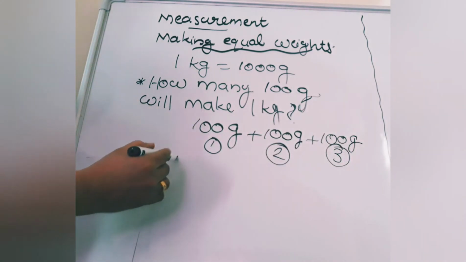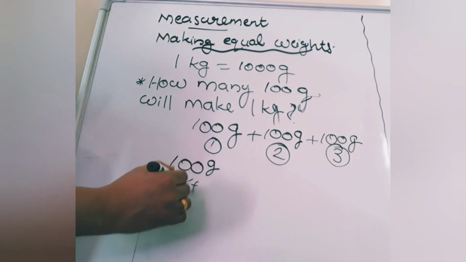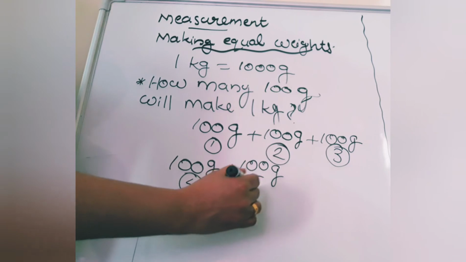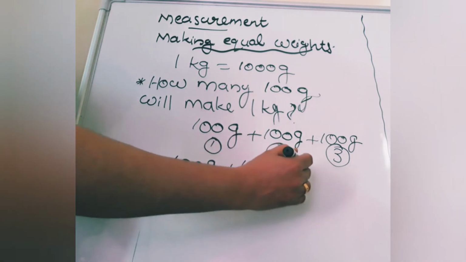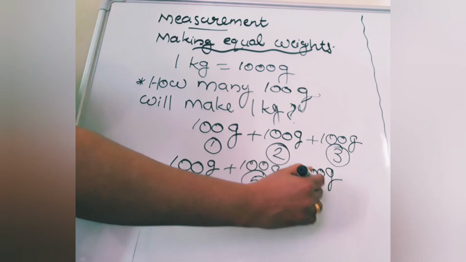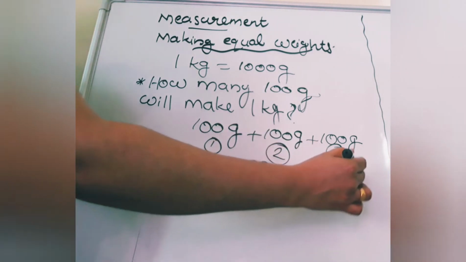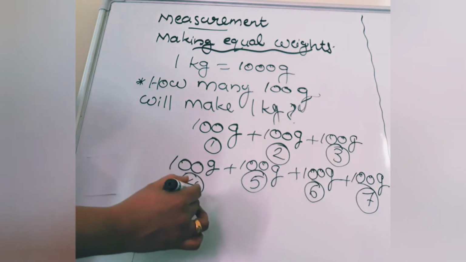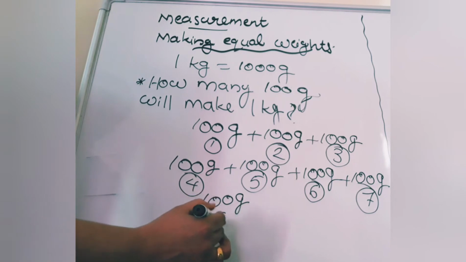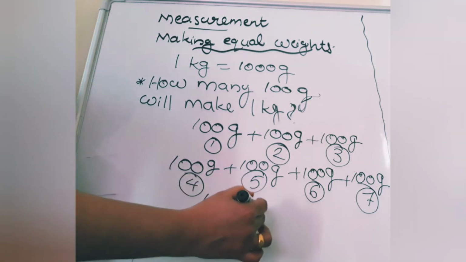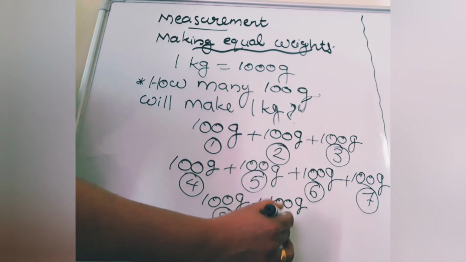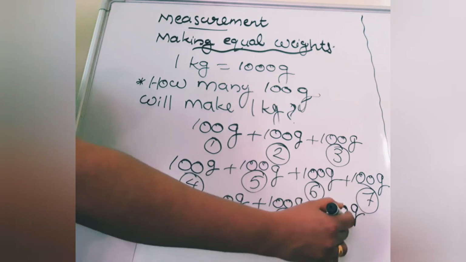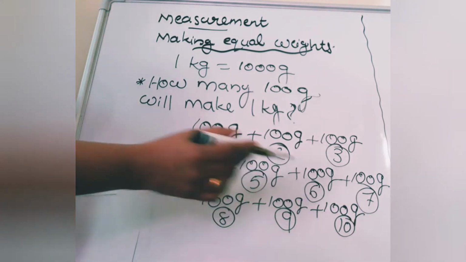Now it is 300 gram. 4 times, 400 gram. 5 times, 500 gram. 600 gram. 7 times, 700 gram. 8 times, 800 gram. 9 times, 900 gram. 10 times. So 10 times is equal to 1000 gram.